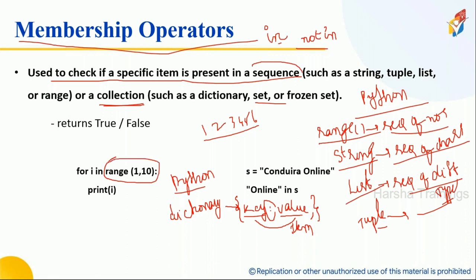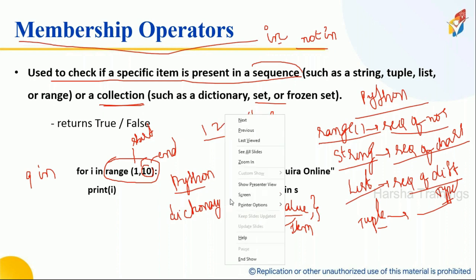Range of 1, 10 means 1 is the starting number and 10 is the end number. So it generates a sequence of numbers from 1 to 9. 10 will not be included. Now I want to see whether 9 in.